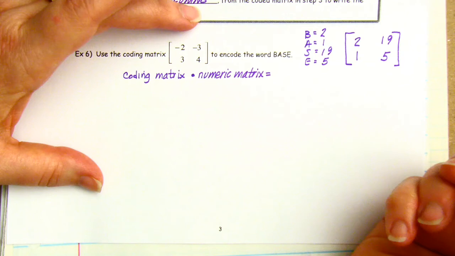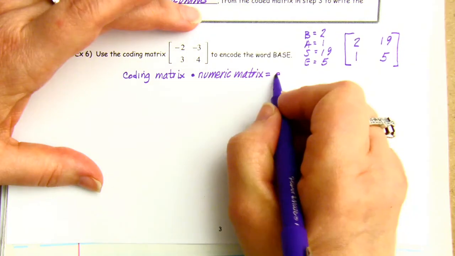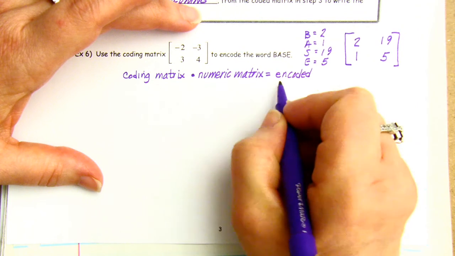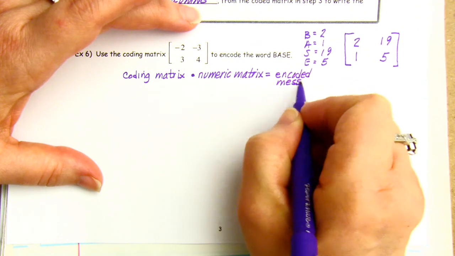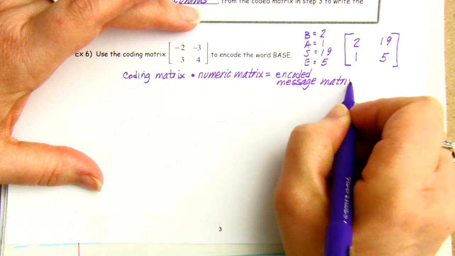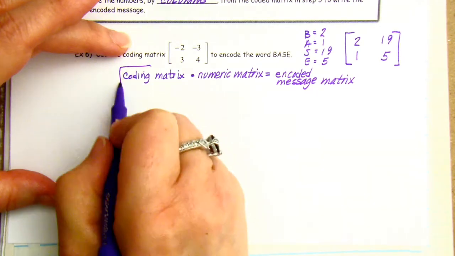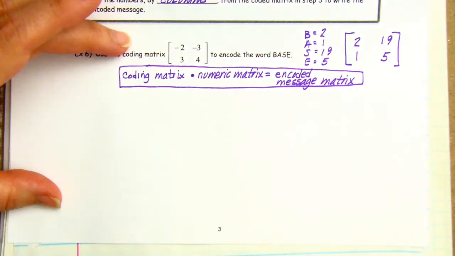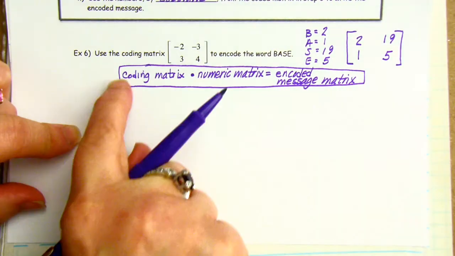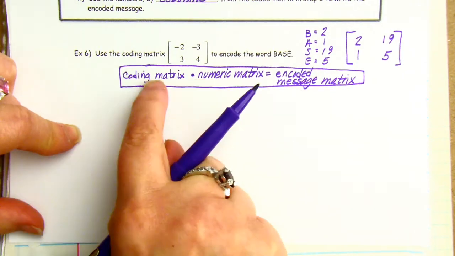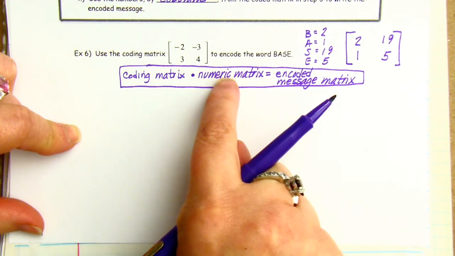And when we multiply those two, we get the encoded message matrix. Okay? It's alphabetical. C first, then N. All right, it's the coding matrix times the numeric matrix is going to give us our scrambled message.